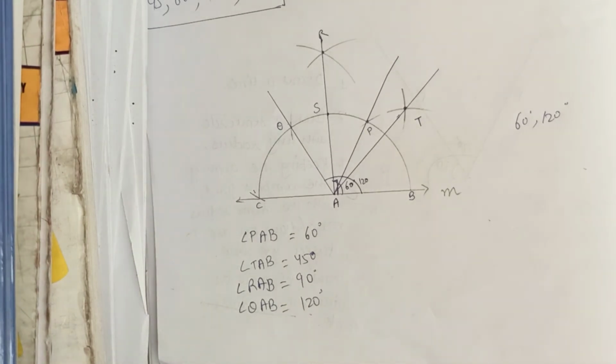That's why firstly I told you how to draw the bisector and what we mean by that. After that I will draw an angle with the help of the bisector.